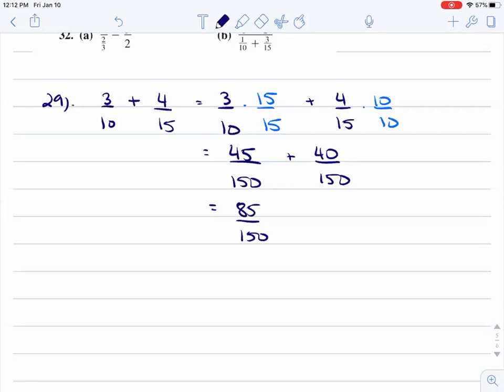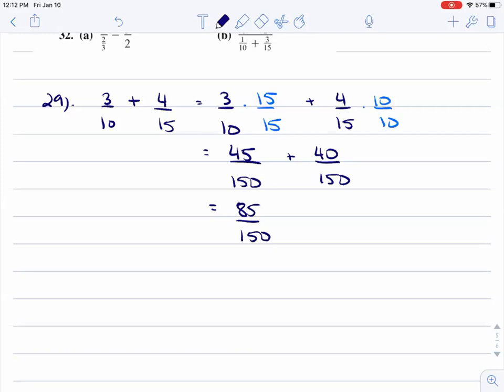Now we've got this rational number. You can use your calculator to see what it looks like, but for now we'll just leave it as a fraction. Remember, if you convert it to a decimal, then you've got an approximation, so you'd have to use the squiggly equals.